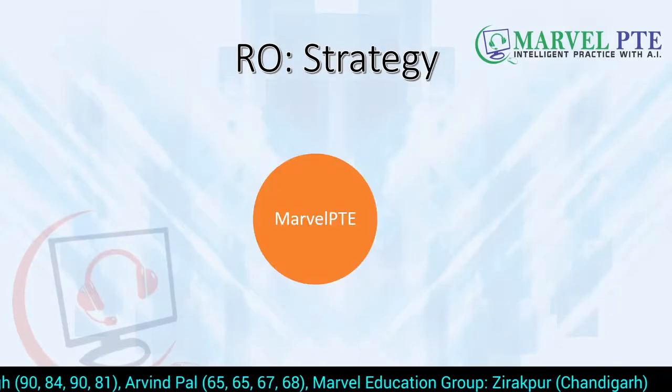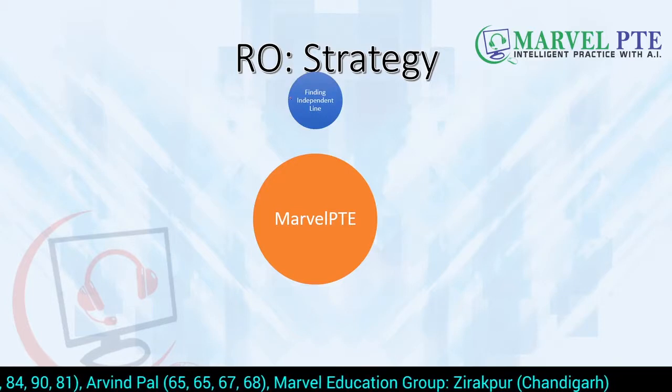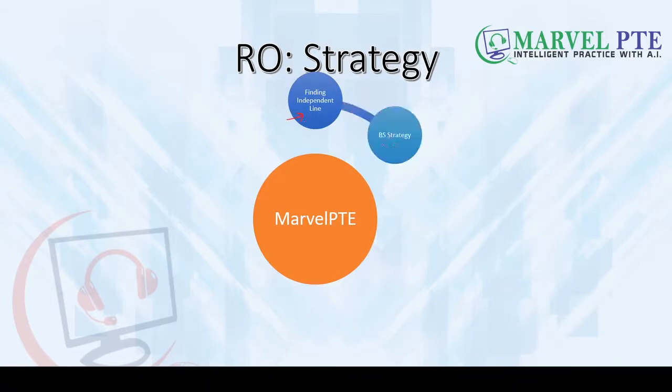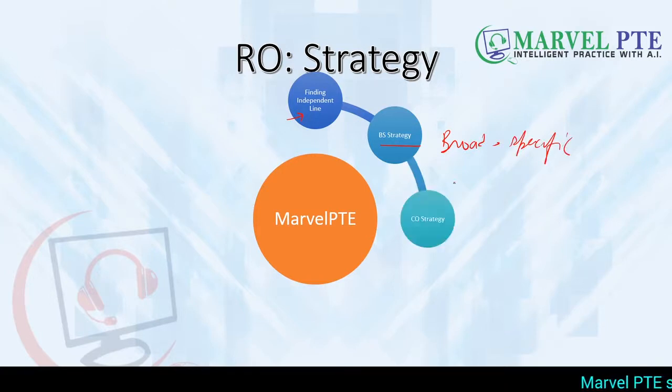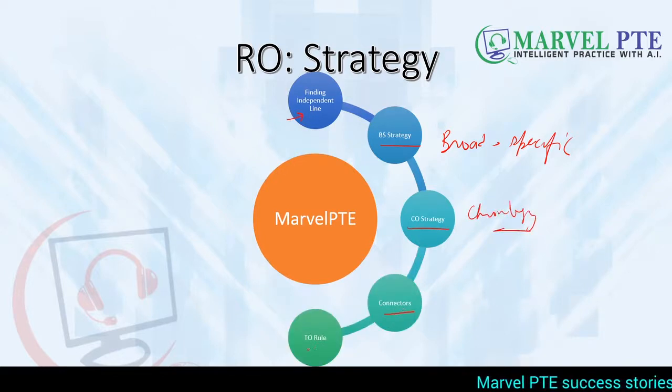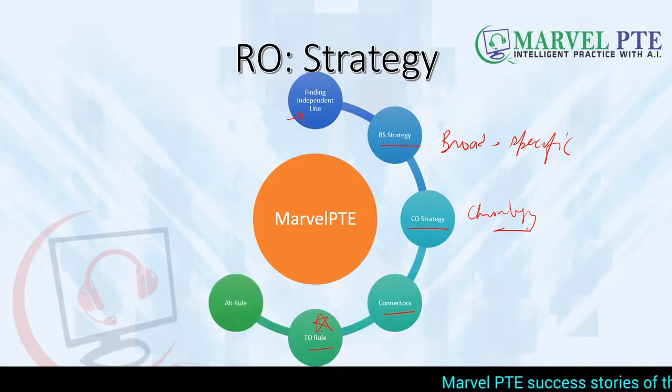And what are the strategies which we teach to our students? We tell them how to find the independent line, then the BS strategy, which is broad to specific strategy. We tell them that also. Along with that, we tell you the CO strategy, which is chronological strategy, and then connectors, the TO rule, we have seen its implementation today.